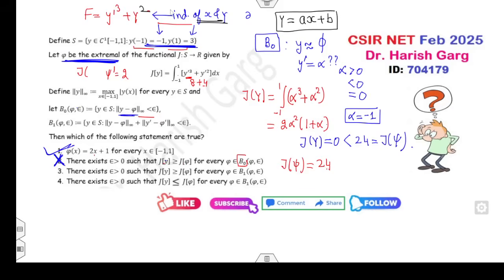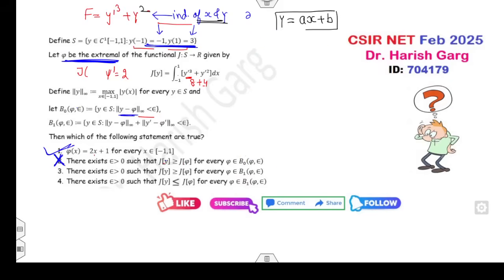Now look at the second options on the curve B1. On the curve B1, that means y is approximately to the psi, y dash is also approximately to the psi dash. Is it okay? But अब मैं जो कह रहा था यहाँ पे जीरो नहीं है.